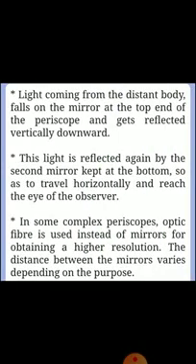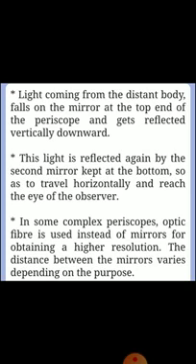Light coming from the distant body falls on the mirror at the top end of the periscope and gets reflected vertically downward. This light is reflected again by the second mirror kept at the bottom so as to travel horizontally and reach the eye of the observer.